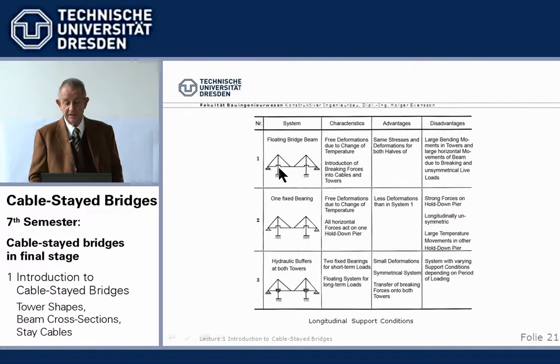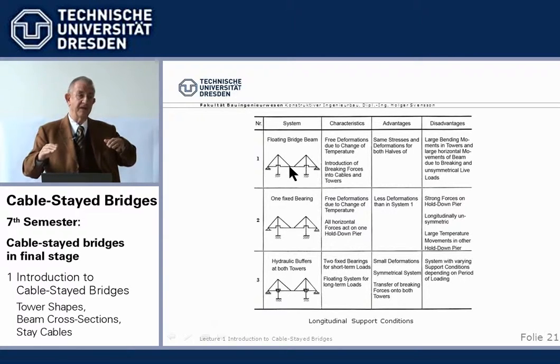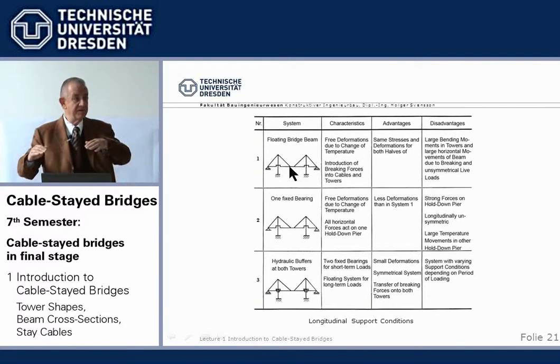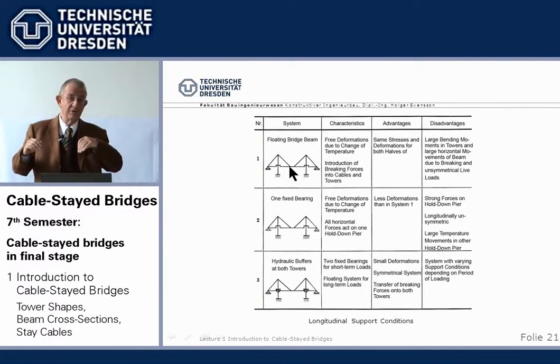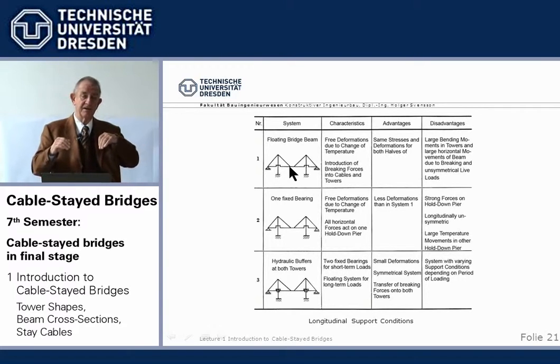We can try to fix it to one tower, then all the force goes into one tower. We can try to hang it to two towers elastically. Then the braking force is evenly distributed. Only we have to take care that if we fix it, the temperature movement of the beam will bend the towers outwards, and that may give them too many moments.